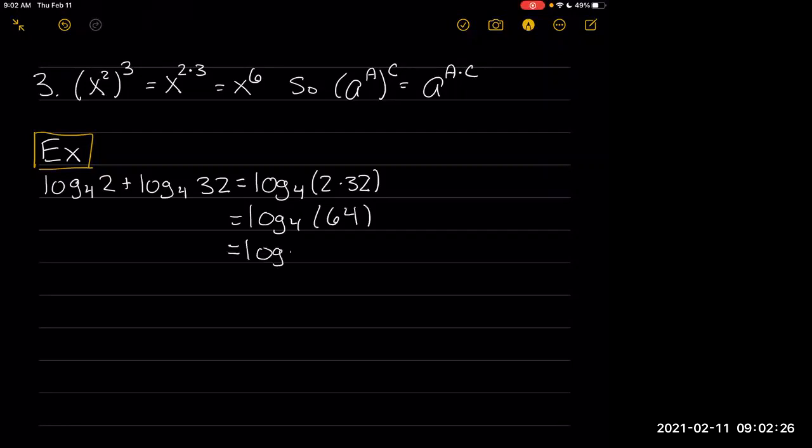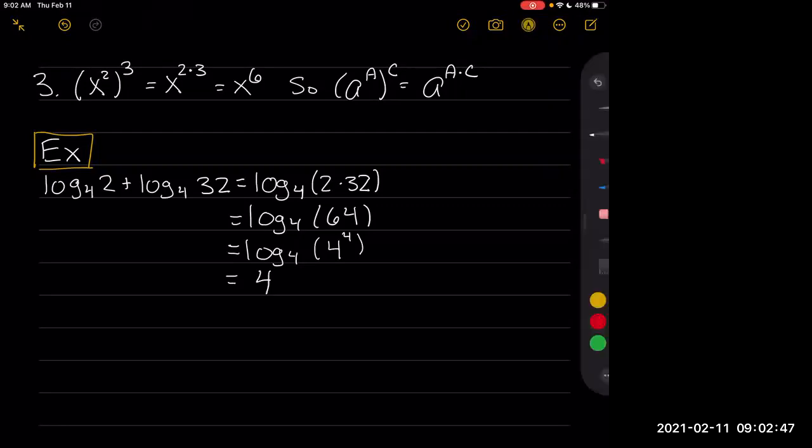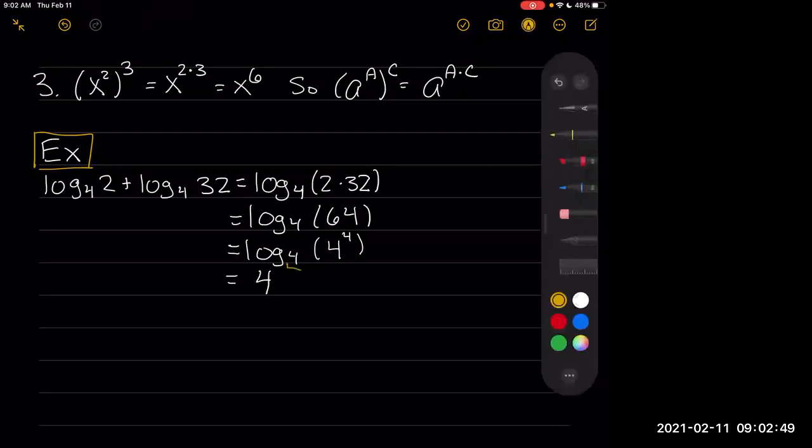Well, log base 4 of 64 is the same as 4 raised to the, I believe, 4th power. Yes. And so here we are able to rewrite this because we have 4 and 4, so we just grab this exponent here.